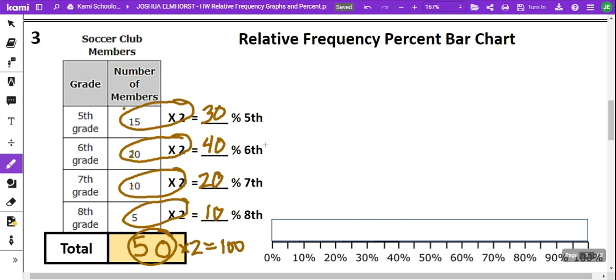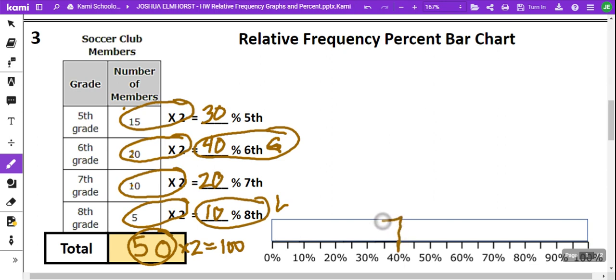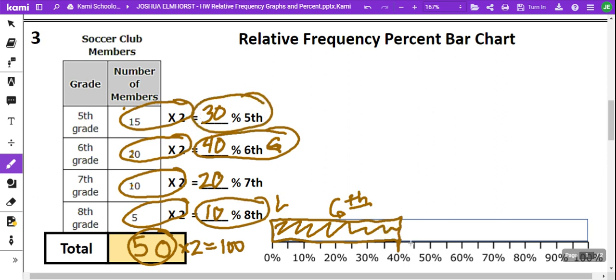So the soccer club, the most students that were in the soccer club were sixth graders, and the least were eighth graders. So we can go down to finding greatest. So that's 40%. So we can start right here. And this is sixth graders. And then next we have 30%, which is fifth graders.